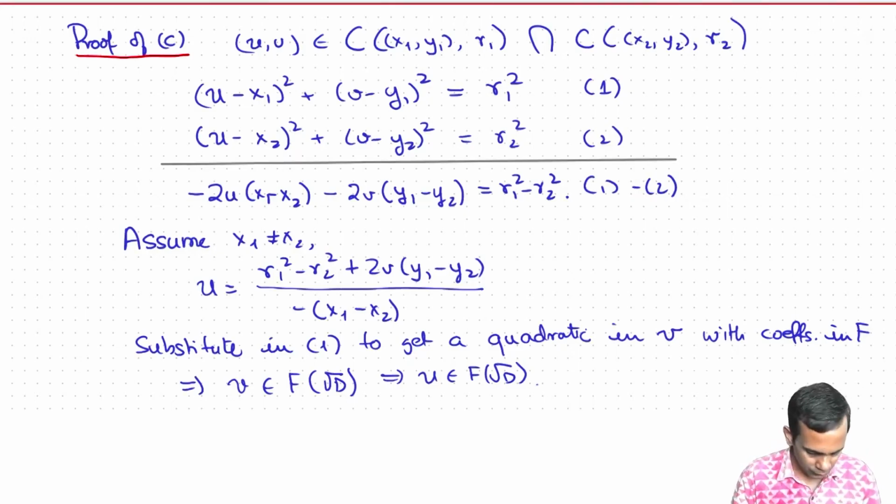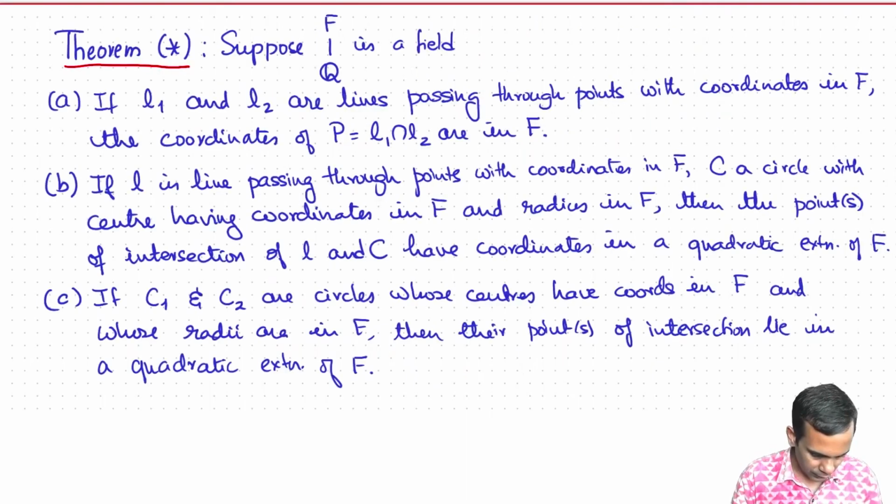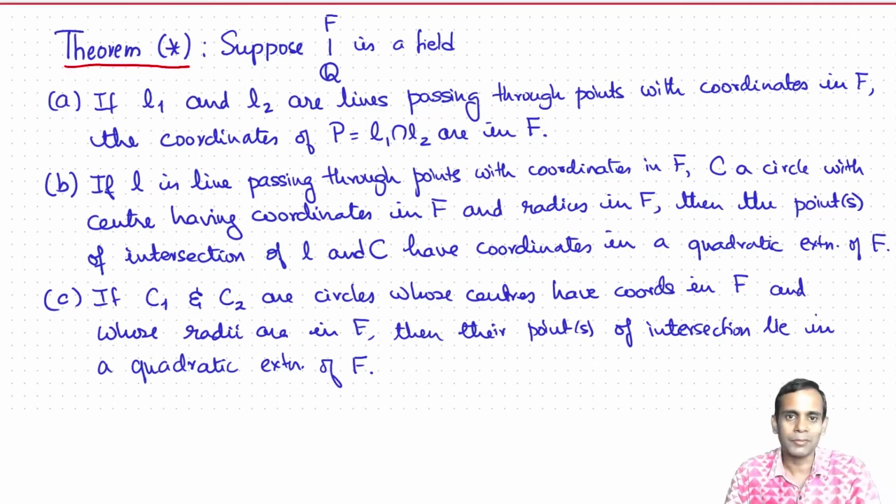So we have proved theorem star, which basically says that if at some stage of our construction all the points that we have constructed have their x and y coordinates in some field F, then any new point that we introduce at this stage of our construction will have coordinates in a quadratic extension of F, or in F itself in case we are constructing the new point by intersecting two lines.